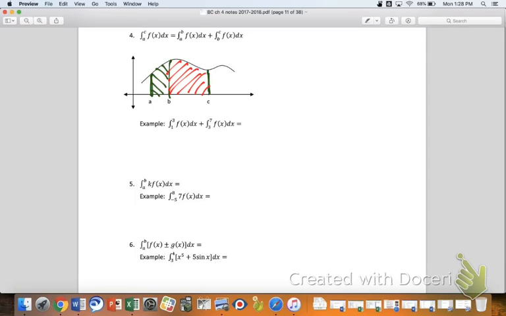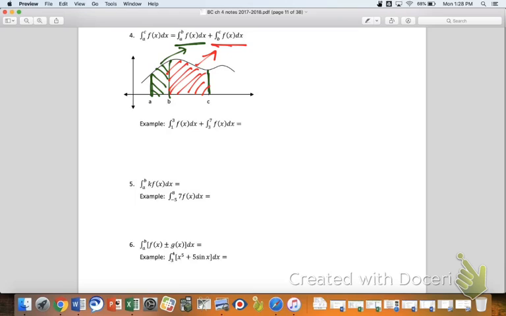So all this is really saying is that the green part plus the red part equals the whole thing. Guys okay with that? Yep, okay.